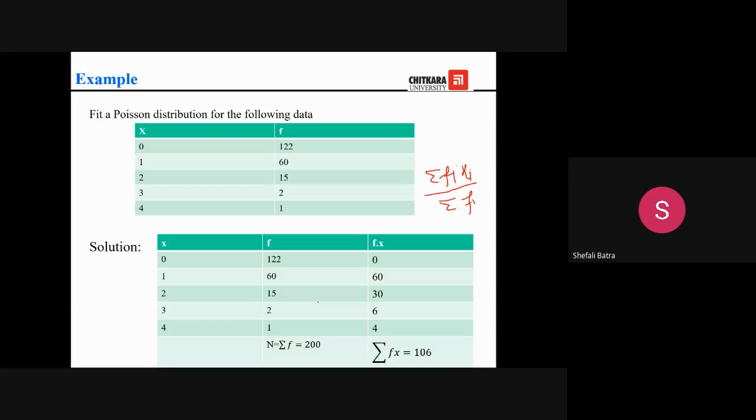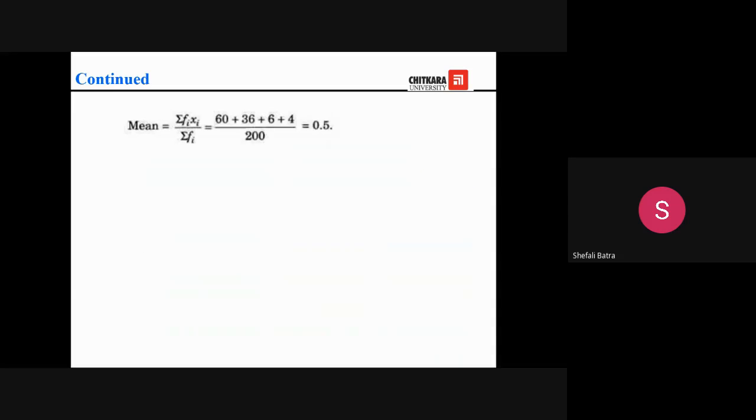For this, you will be finding this mean. So summation of fi xi divided by summation of fi. After solving, you'll be getting mean is equal to 0.5. So you have mean, and now you need to find out probability of x is equal to 0.